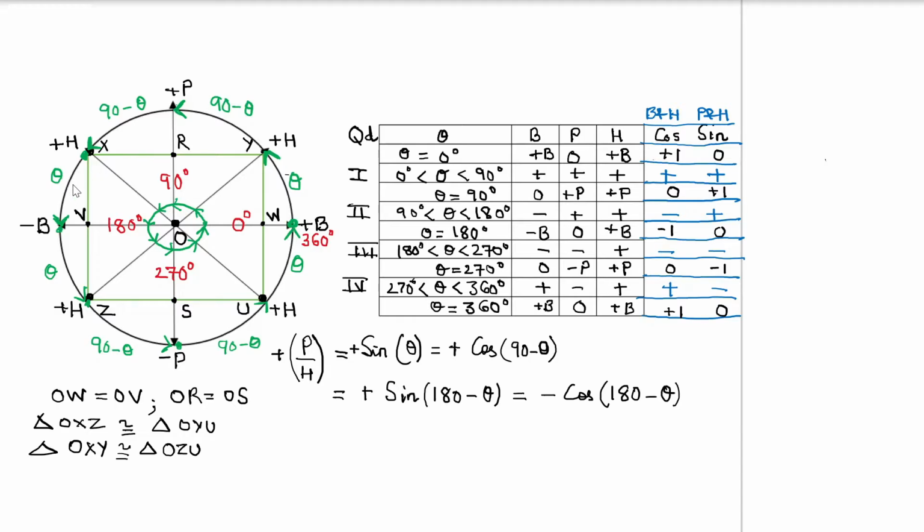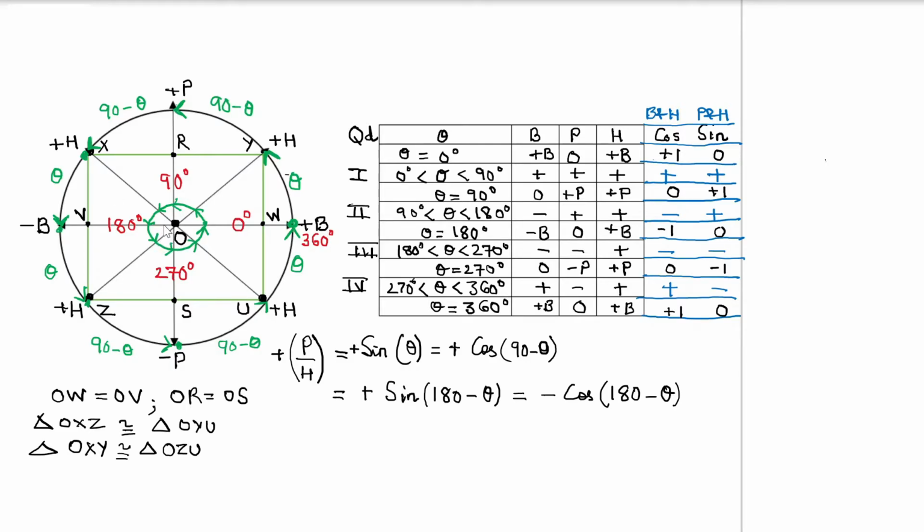Let us talk about the triangle HOR. Now when I am talking about the triangle HOR, that angle is basically 90 minus theta. So cos of 90 minus theta, and you add another 90 degrees to it. So cos of 90 minus theta will be equal to base, which is P upon the hypotenuse.